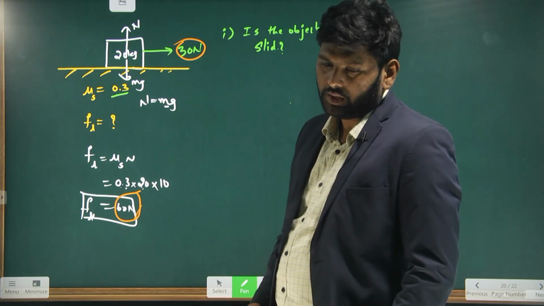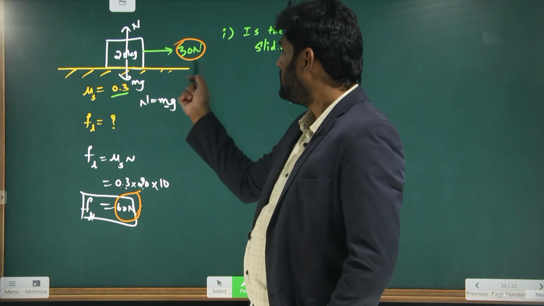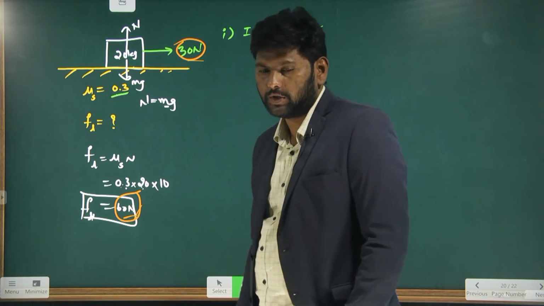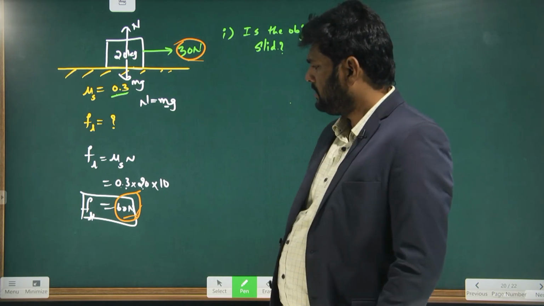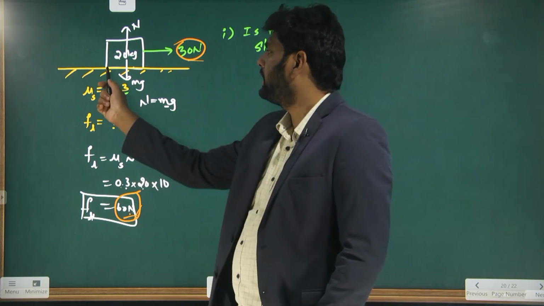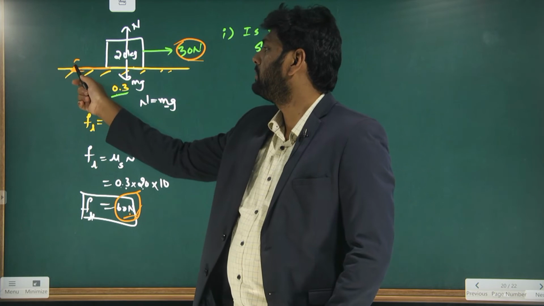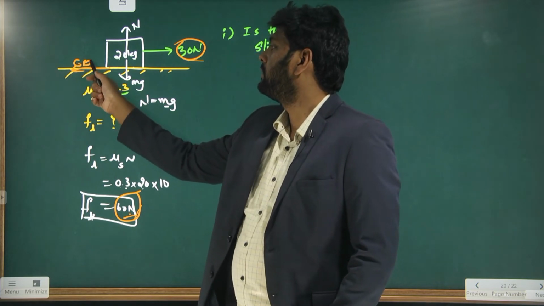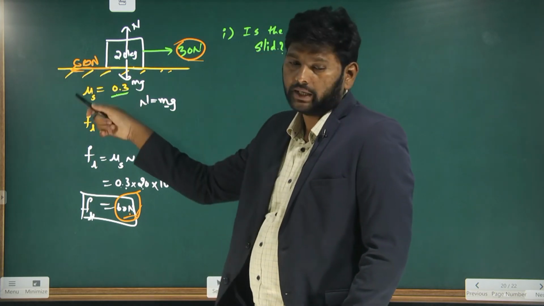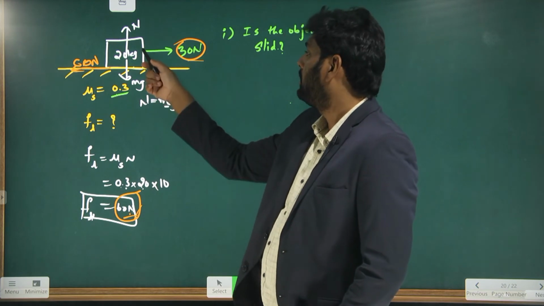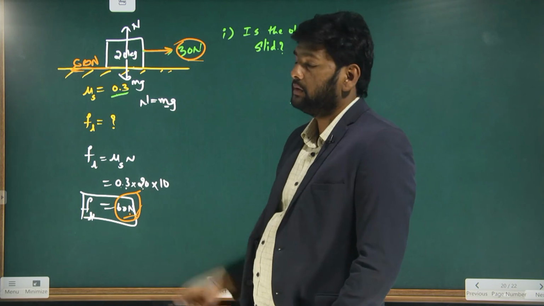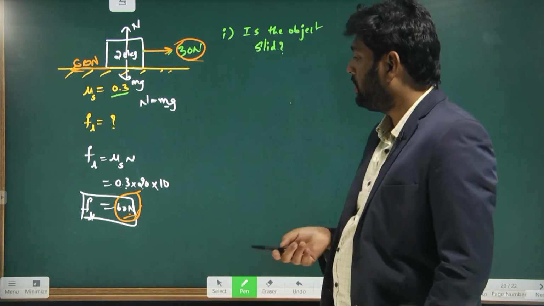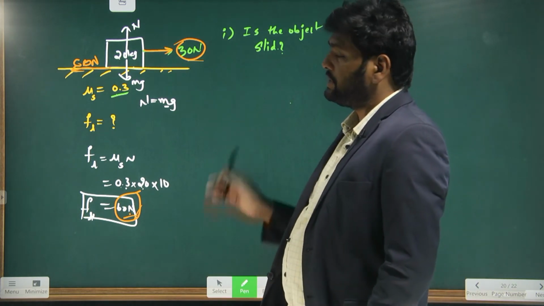The 60 Newton acts in the negative direction, and the 30 Newton acts in the right direction. Now my question is, will the object slide or not?